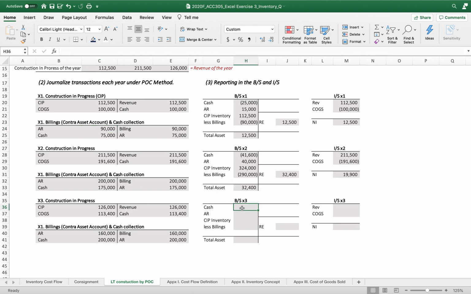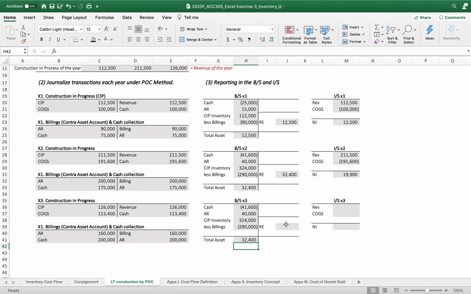Okay. Now again, one more time, we need to start from here, right? Exactly the prior year's balance, because the balance sheet is cumulative, right? Cumulative.